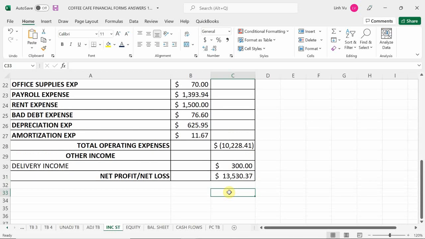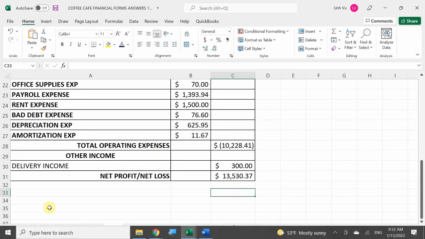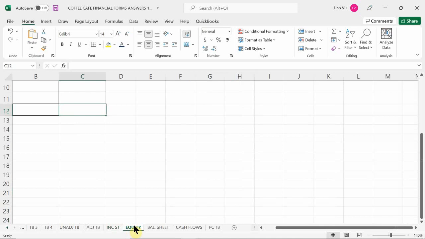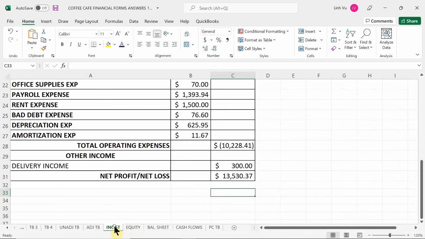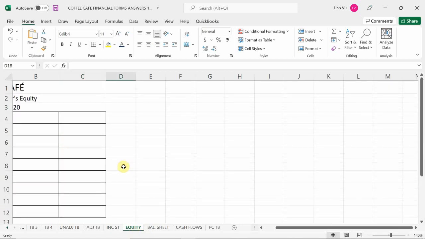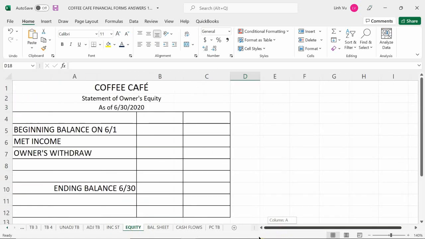All right. So now, next step is to complete my statement of equity. Because we had a net profit, our choice is what do you want to do with that? Do you want to reinvest into the company or take away from the company?